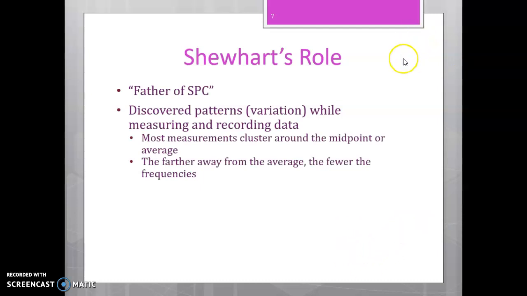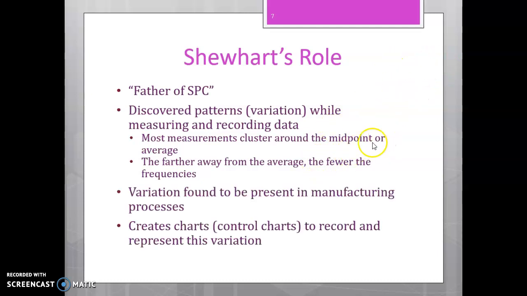Most measurements cluster around a midpoint, or the average, and the farther away from the average, the fewer the frequencies. So we have that bell-shaped curve, which you see in your histograms. Variation is present in manufacturing processes, and control charts are created to record and represent this variation. We have talked about these in the past couple of weeks.